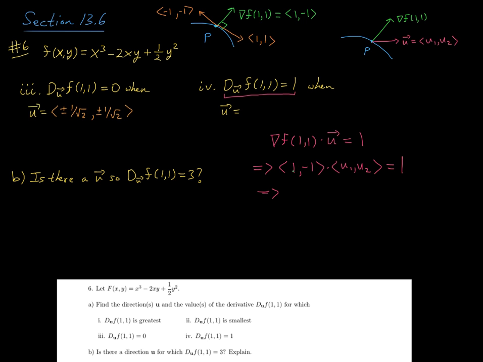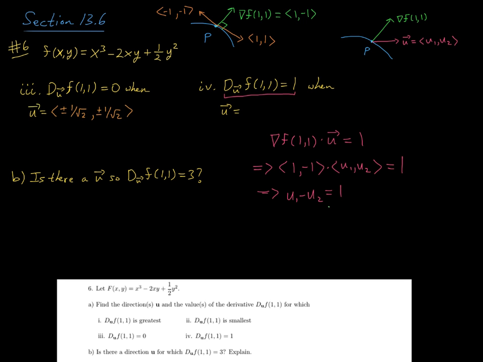Now taking that dot product, I get u1 minus u2, which has to equal 1.